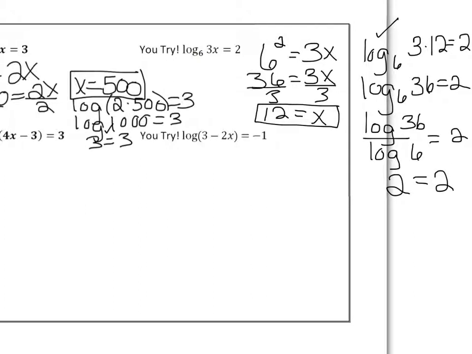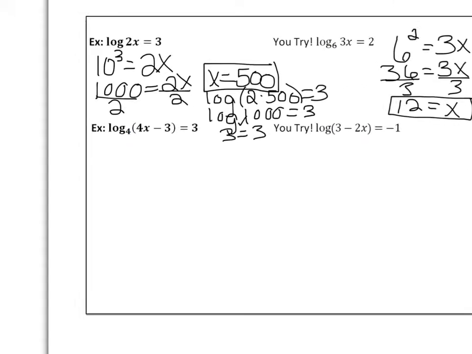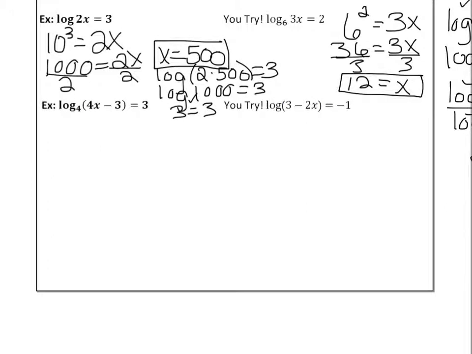Going to the next one. Log base 4 of 4x minus 3 equals 3. So we have a bigger equation that we're going to be solving here. So first thing is we write it in exponential form. So 4 to the third equals 4x minus 3, because remember, it's your base to the exponent.